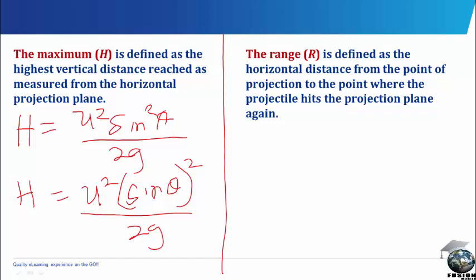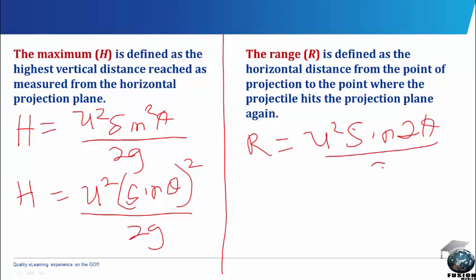And mathematically it is given as R equal to u squared sine 2 theta all over g.